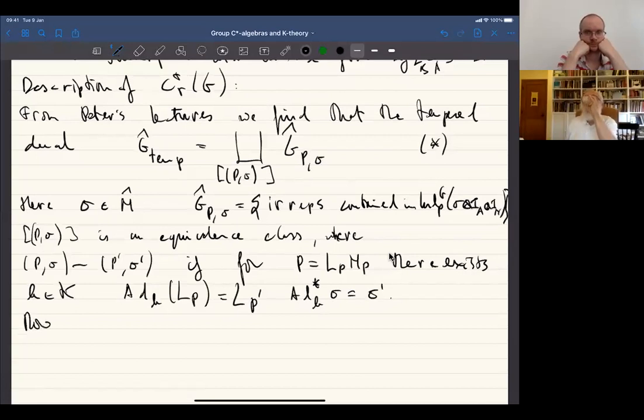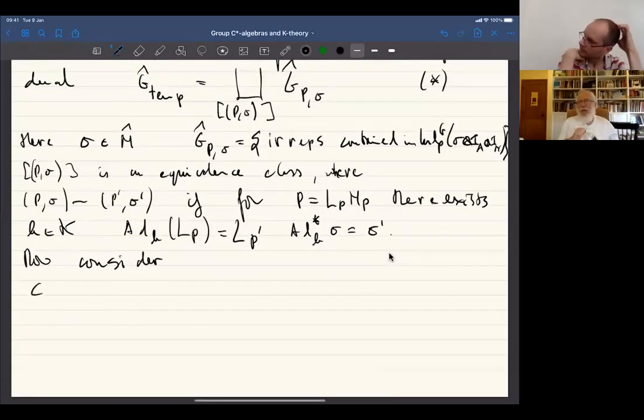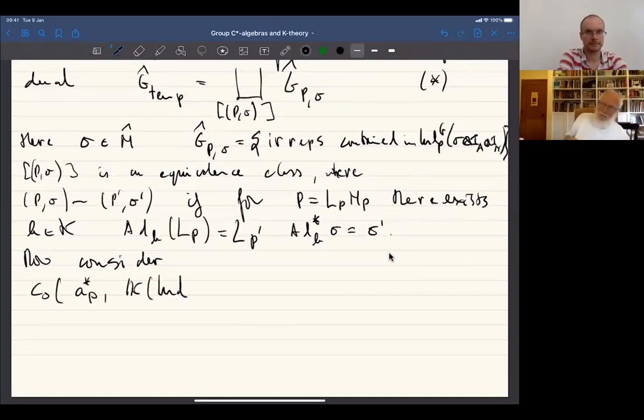Now we consider the space Z0 of A star P compact operators on the induced representation GP H sigma, where H sigma is the representation space that Peter showed all these representations are carried on.